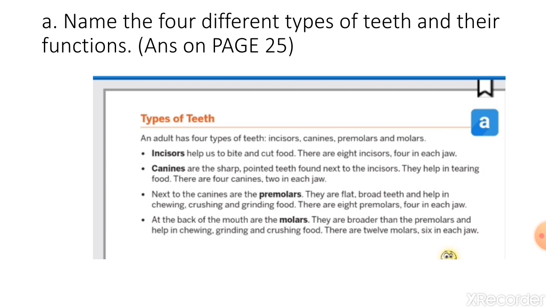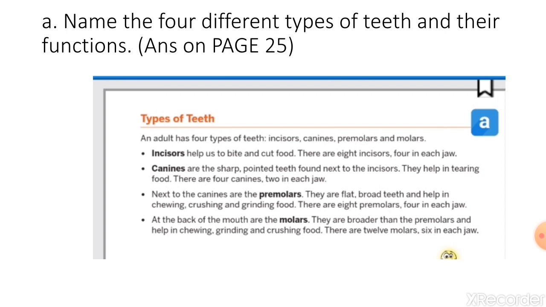So you know that there are 4 types of teeth in our mouth: incisors, canines, premolars and molars. So what is the function of the incisor? The incisor helps to bite and cut the food. Next, the second type of teeth is canine.